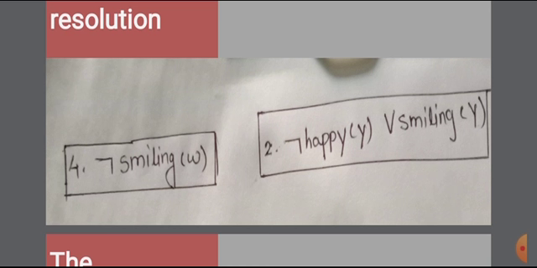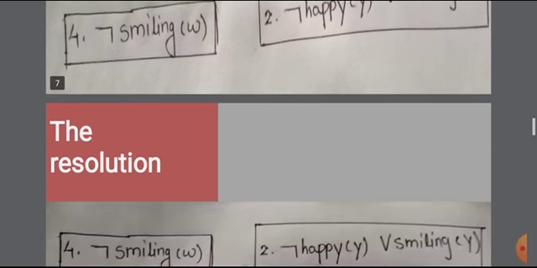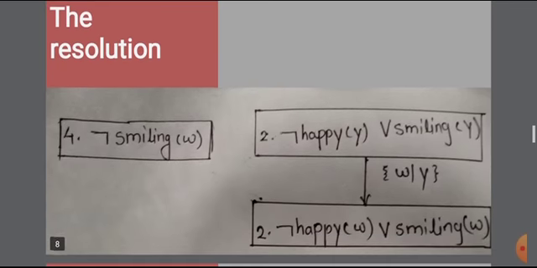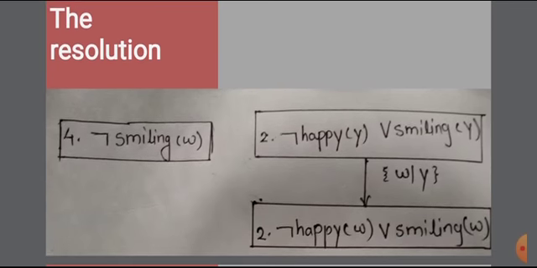So before resolving, as we had seen previously, we have to unify them, and to unify them we make a substitution for our variable. Here we'll substitute w for y. In our clause 4 we have w, so we'll substitute w for y in clause 2.